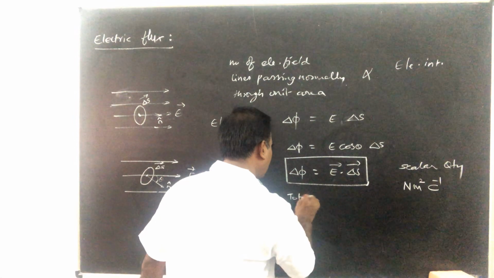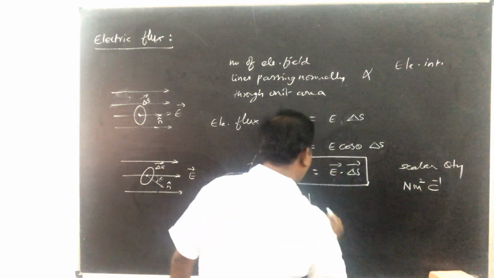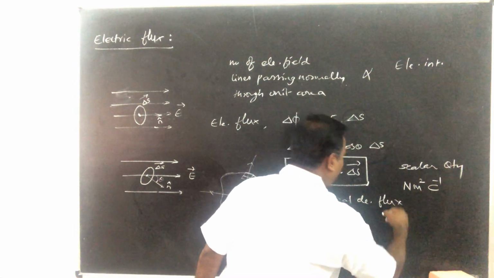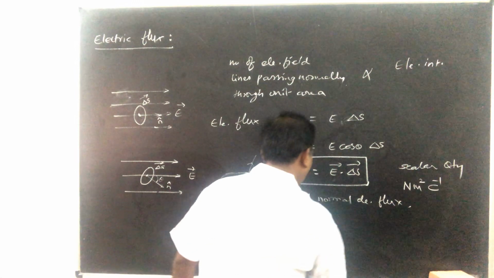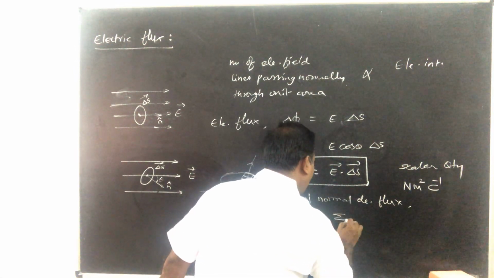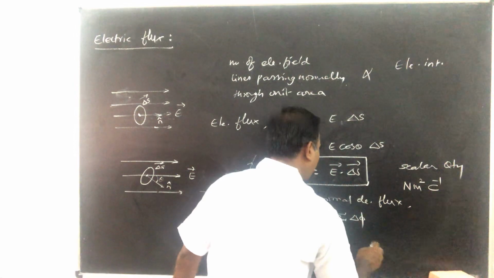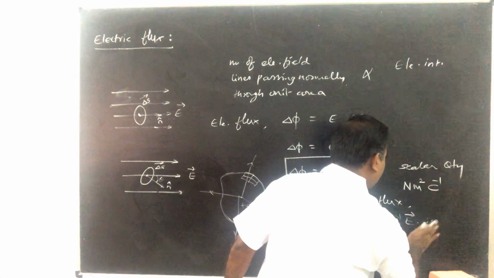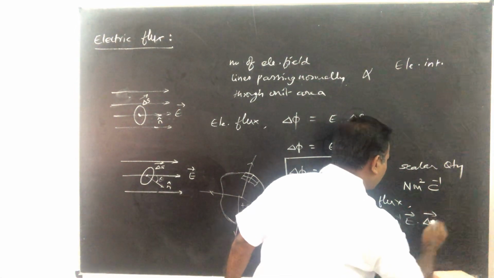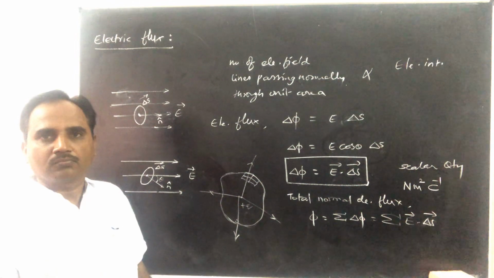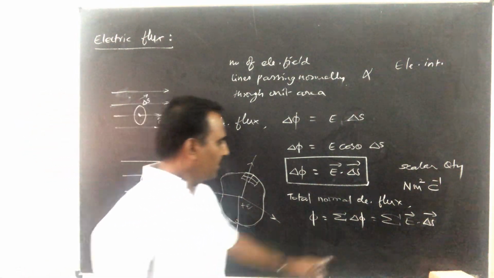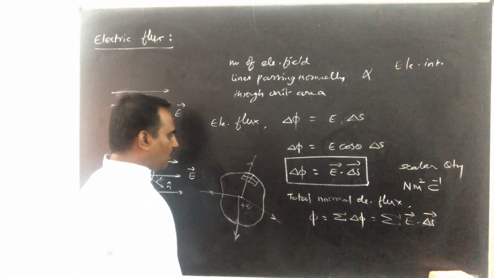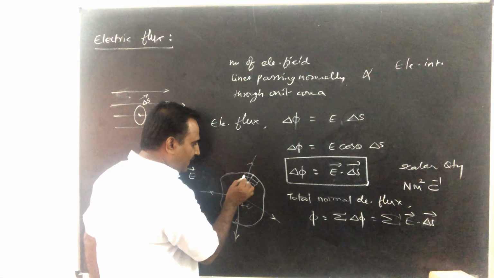So the total normal electric flux phi is equal to sigma delta phi, which is equal to sigma E dot delta S, like this.